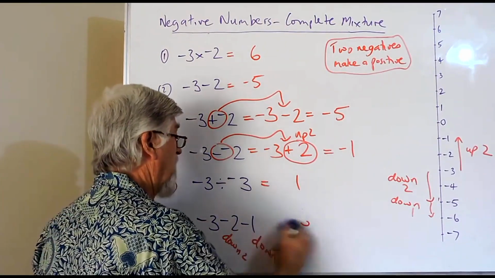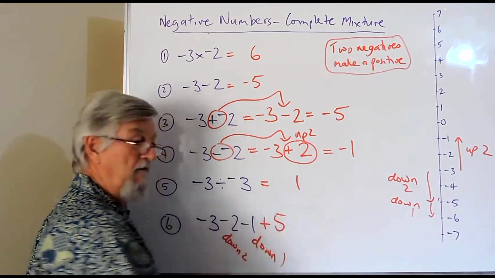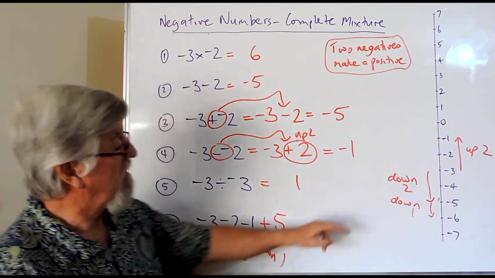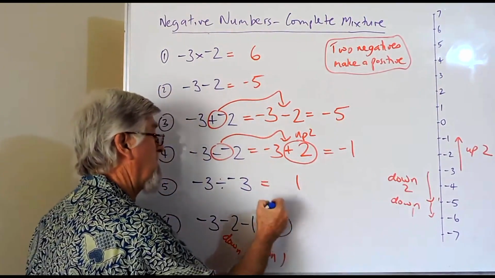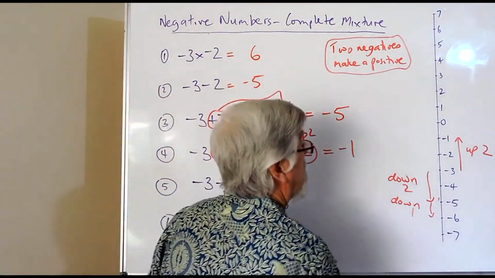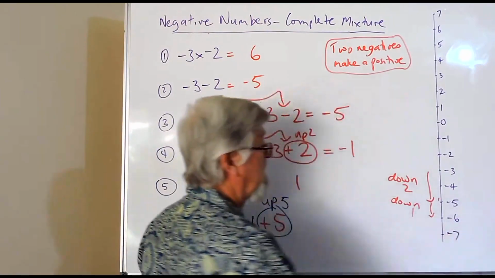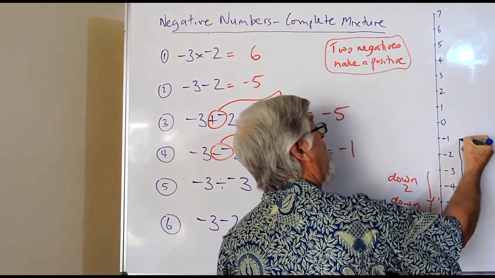It'd be interesting if I then said, let's go plus 5. So we start at minus 3, I went down 2, I went down 1. Now this one would go up 5. So I'm at minus 6, and I go up 5: 1, 2, 3, 4, 5.